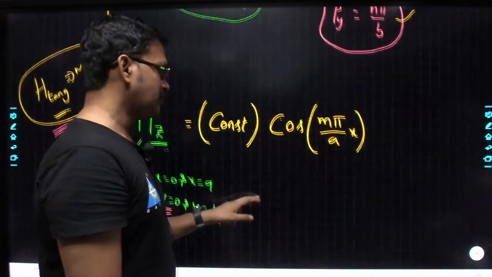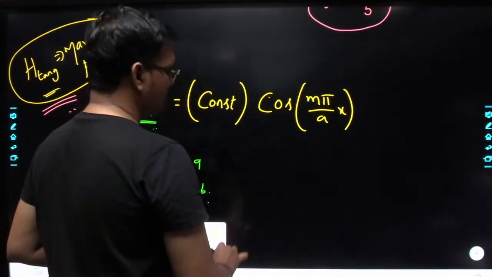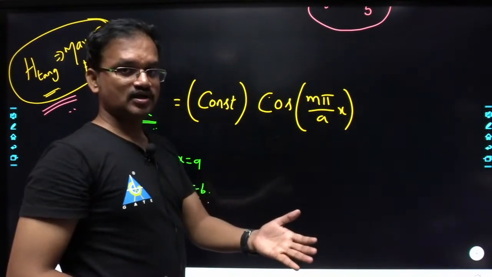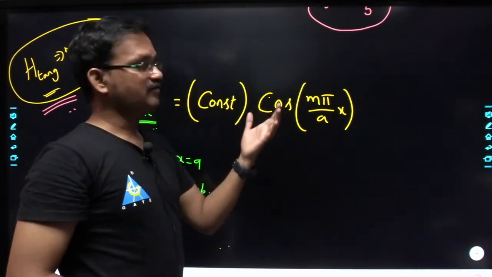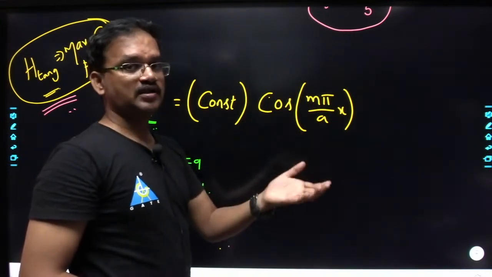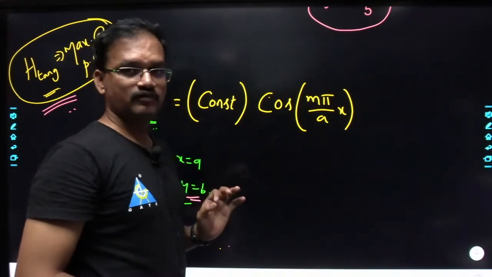Okay, so you can remember this easily in this manner: whenever at the perfect conducting interface the field component is becoming 0, the standing wave pattern must be sine function. If it is becoming maximum, the standing wave pattern must be cos function. You can remember in this simple way, right?